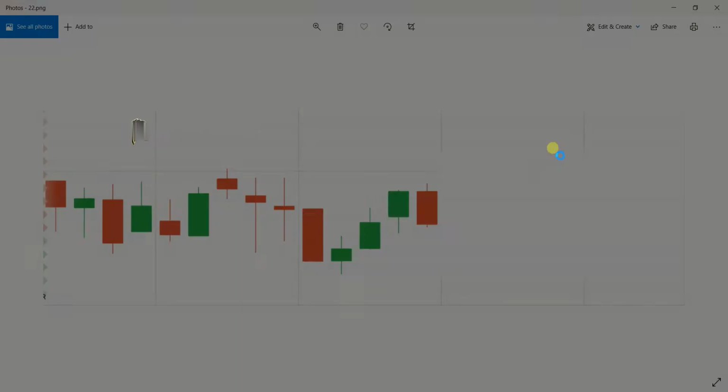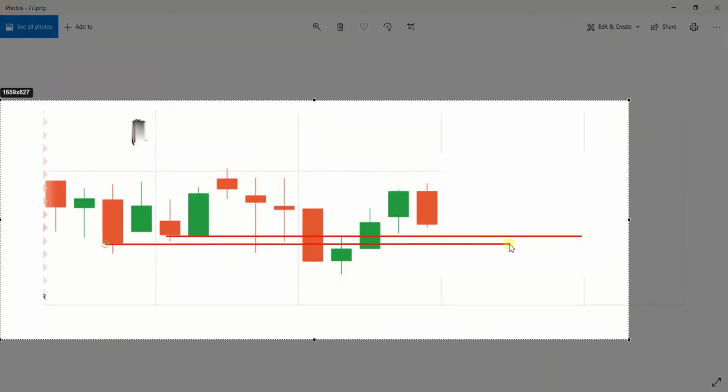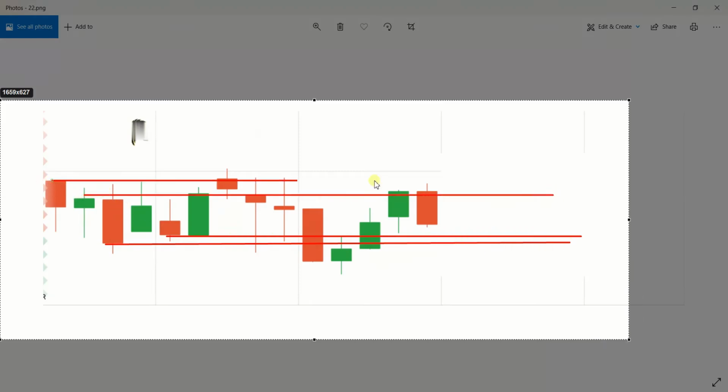Okay, so let's check again the levels. There is a support level here, and there is a resistance that we already know. Again this closing point, you can see there is a gap still to the support level. It is in the middle of these two levels, so again we don't know.